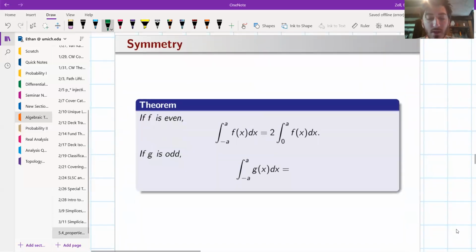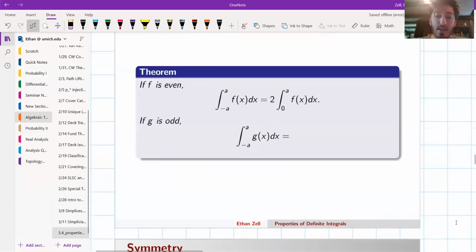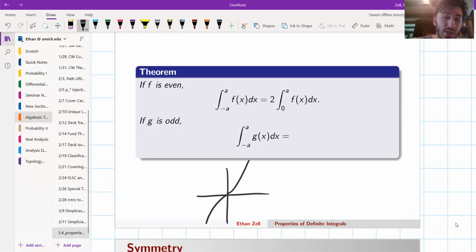Okay? On the other hand, if we're odd, then I have an even nicer result, which is that when we integrate, we count the area with sign. So I'll draw my odd function again. My area over here from minus a is the same size as the area over here to a, but the green area is counted with a minus sign and the purple area is counted with a plus sign.